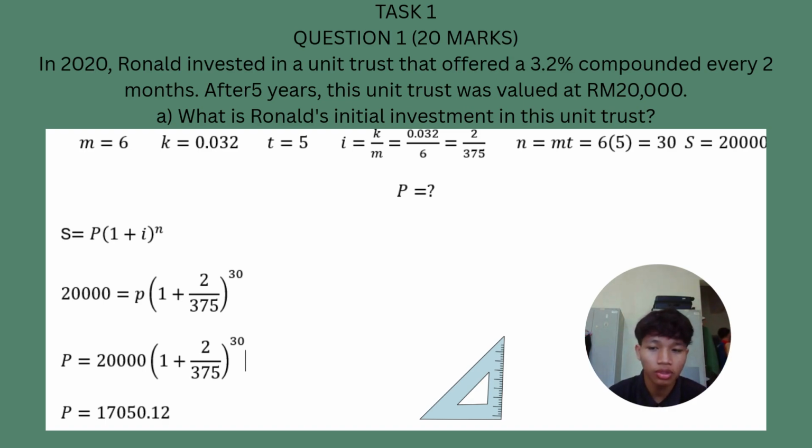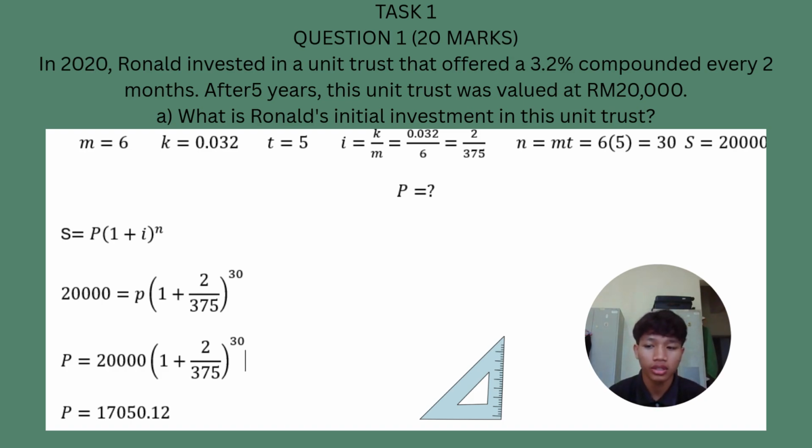The total investment period is 5 years, so the number of compounding periods is N, and the formula is N equals MT. M is 6 and T is 5 years, so 6 times 5 equals 30. The maturity value S equals 20,000, and we have to find P, the initial value.